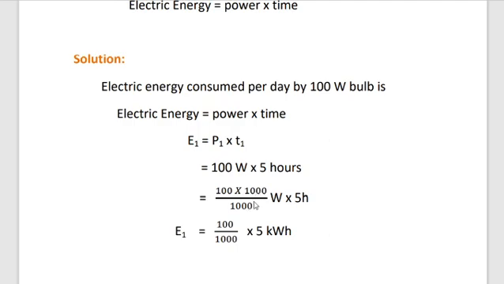So we can multiply by 1000 on both sides. The numerator 1000 is written as K, kilo. 1000 means kilo, 10 power 3.